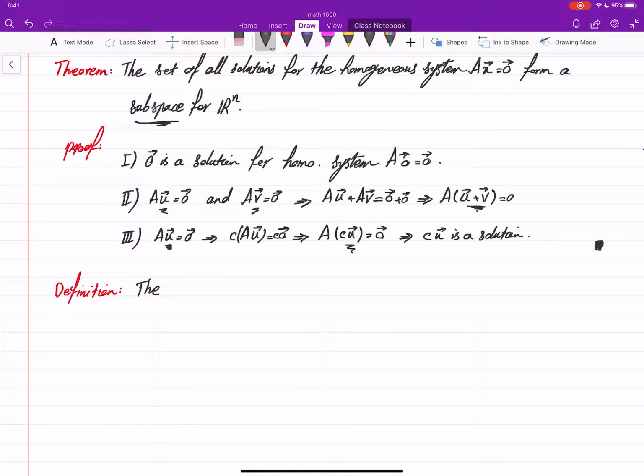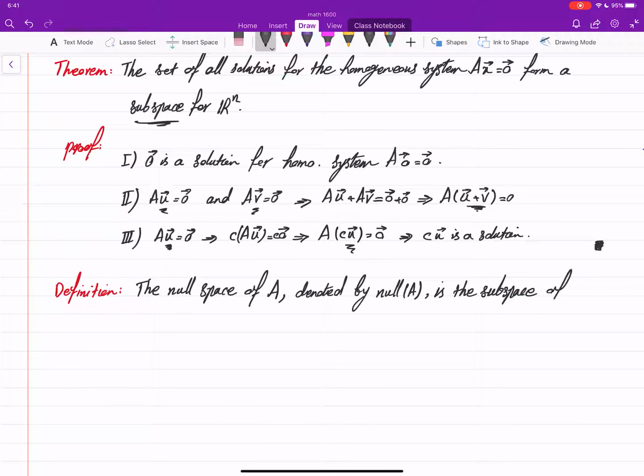The null space of the matrix A, which we denote by null(A), is the subspace of all solutions of the homogeneous system Ax equals 0.